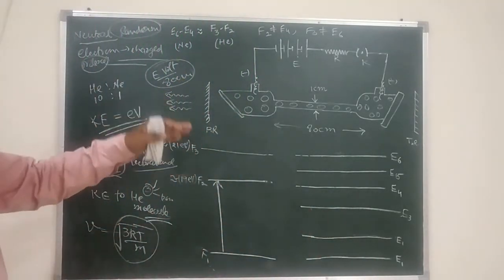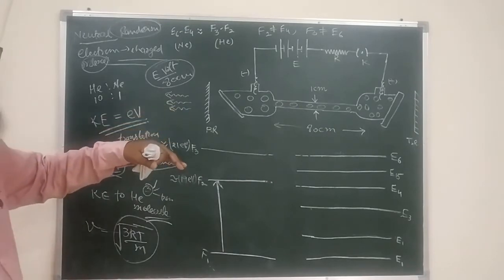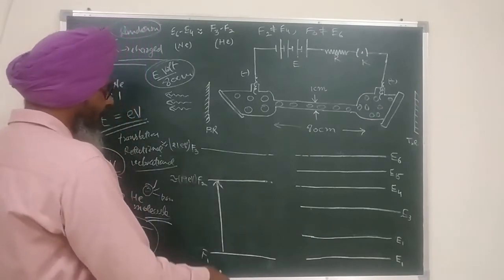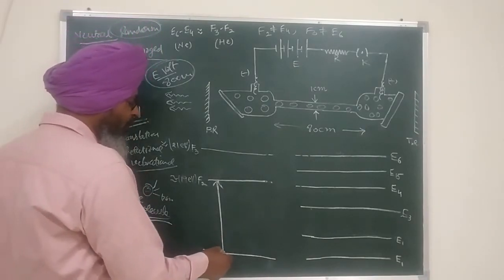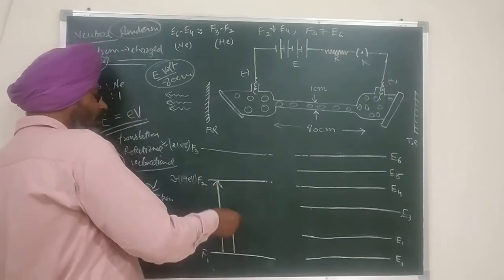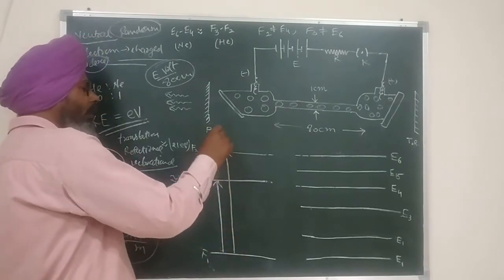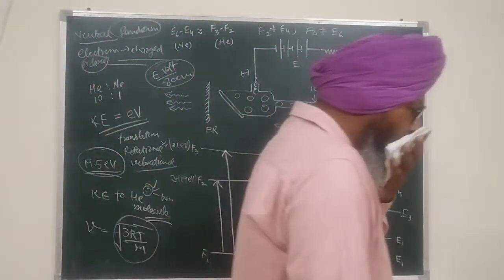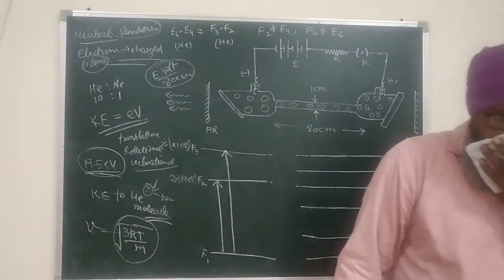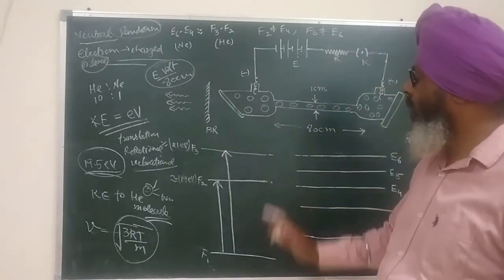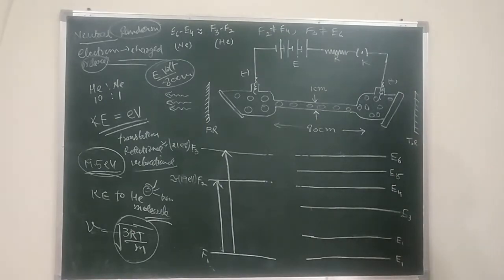Since the electron can collide with the gas molecule at different distances, certain electrons, when they collide with the helium molecule, will take it to the state F2, and certain electrons will take the helium molecule to the state F3. So this is how we will excite the helium molecules.